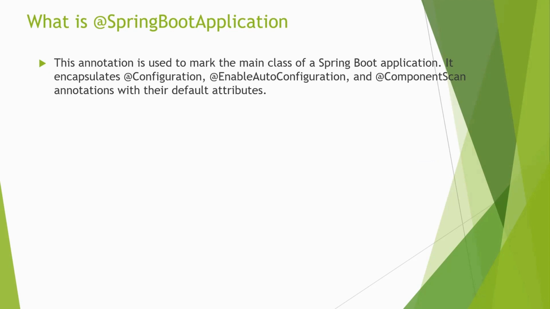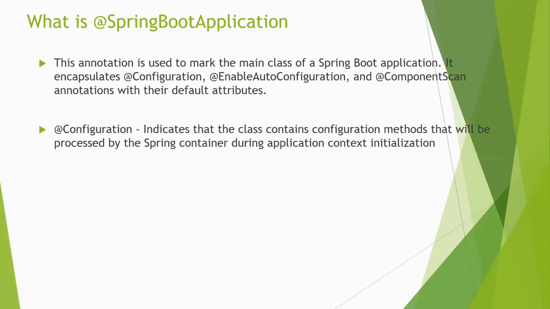Basically, @SpringBootApplication is composed of three annotations: one is @Configuration, another is @EnableAutoConfiguration, and the final one is @ComponentScan, with their default attributes. That means each annotation has its own default attributes.